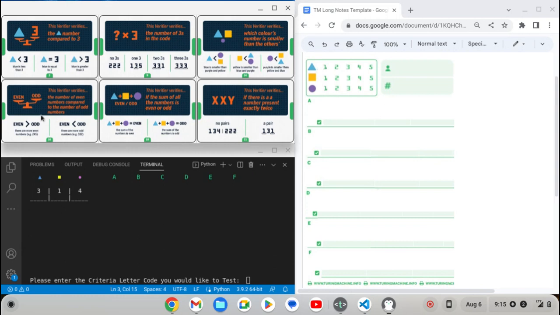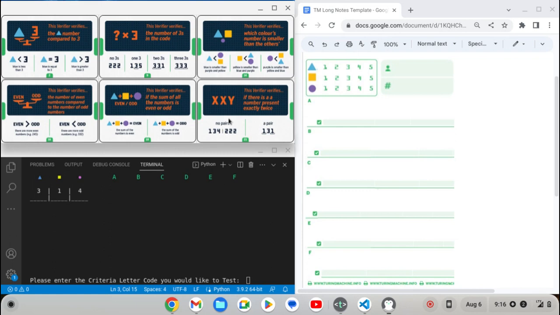Criteria card D again looks at our 3-digit solution and will let us know a little bit about the ratio of even to odds in our solution. So should there be more even than odds, or should there be less even than odds? Criteria card E again looks at our 3 digits, triangle, square, and circle, but this time it'll add them up and let us know whether that total sum is an even quantity or an odd quantity.